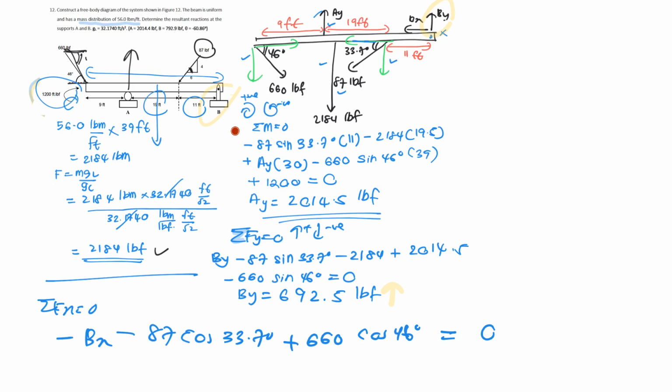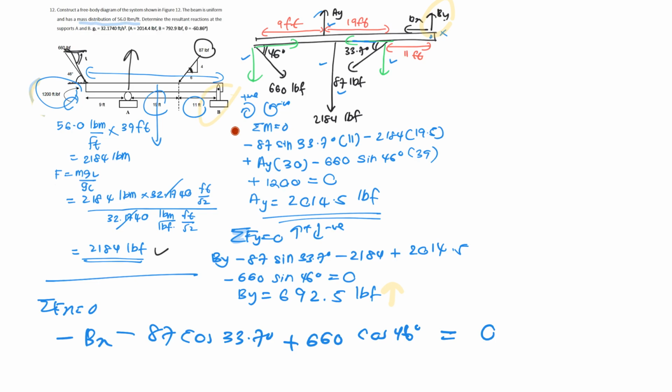So you are going to get your answer, whether my direction is correct, right or wrong, I don't know yet. This is 60 cos 46 minus 87 cos 33.7, and I get my answer is positive, which means that my direction is towards the left.